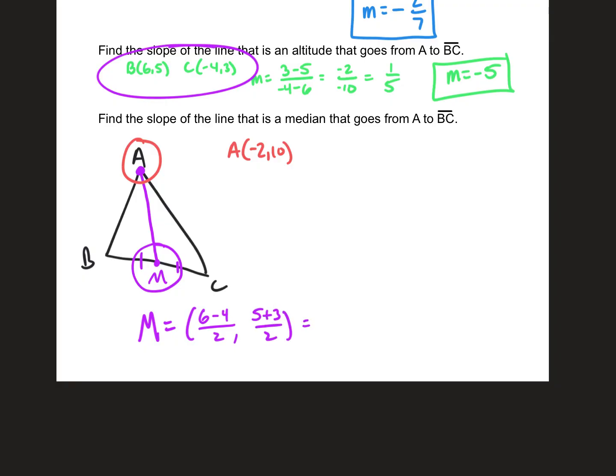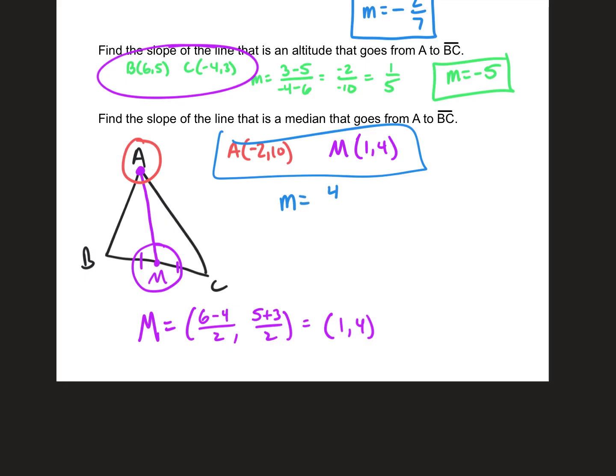I'm going to put it up here as I write it down. Midpoint would be at 2 over 2, which is 1, comma, 5 plus 3 is 8 over 2, which is 4. So the slope of the median is the slope of the line that goes from A to M. Now if I use these 2 points to figure out my actual slope, y2 minus y1 over x2 minus x1, negative 6 over 3, that is negative 2 for my slope for that median.